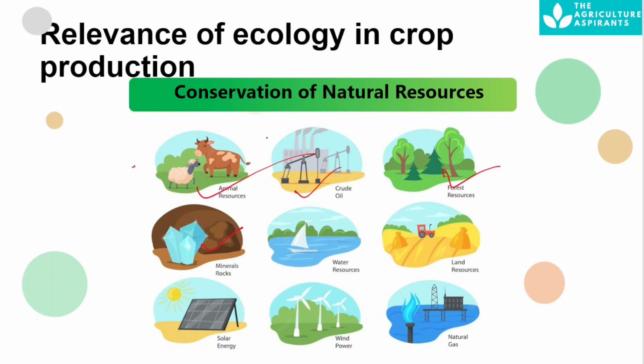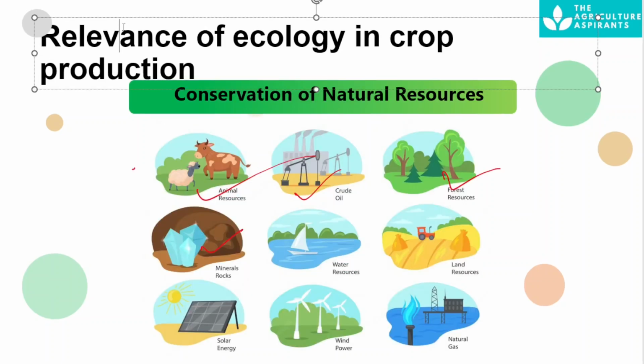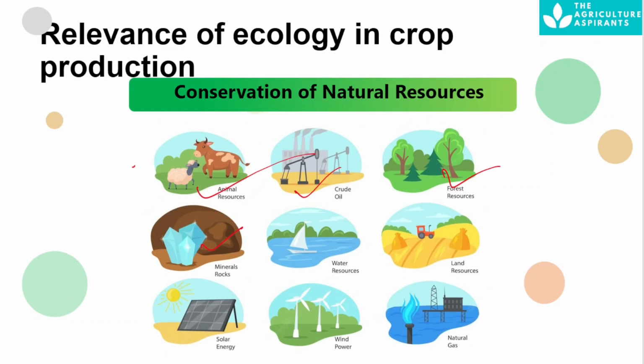So this is the next relevance of ecology. This is all about crop production, so only consider animal resources, water resources and natural forest resources, because the others are not relevant for you.